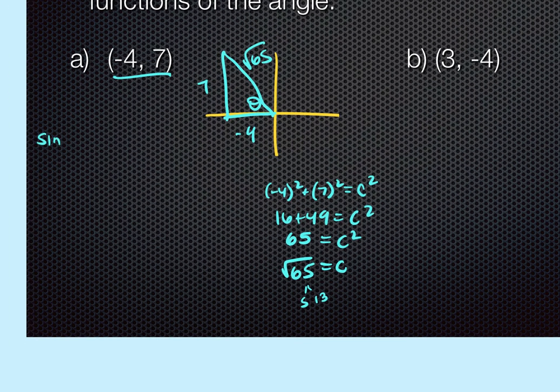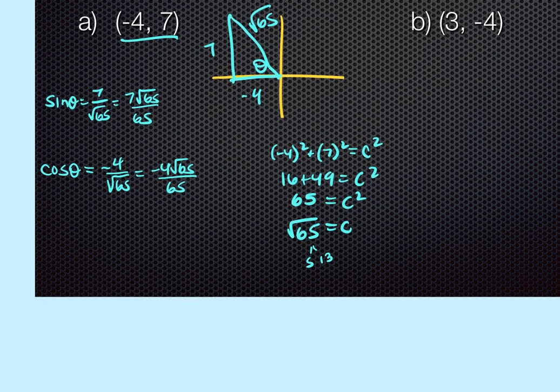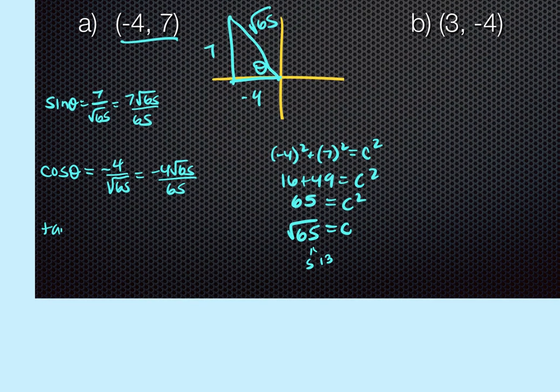So my sine, 7 over square root 65, which is 7 root 65 over 65. Cosine, negative 4 over root 65, which becomes negative 4 square root 65 over 65. Tan, negative 7 over 4.